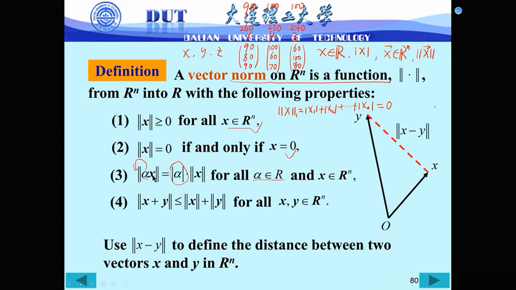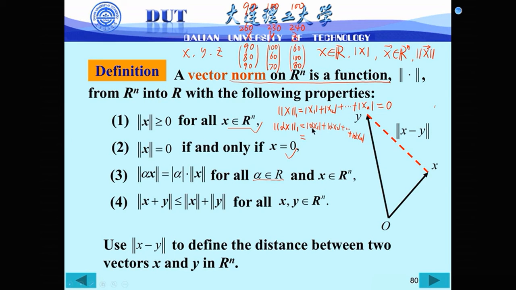Let's consider the third property. If we use a number alpha to multiply x, then by the definition of L1 norm, you use alpha to multiply each component. So that is the absolute value of alpha x1 plus the absolute value of alpha x2 plus dots plus the absolute value of alpha xn, right?